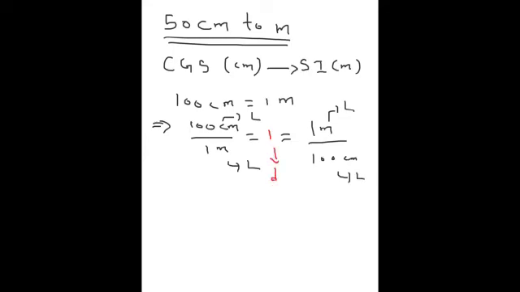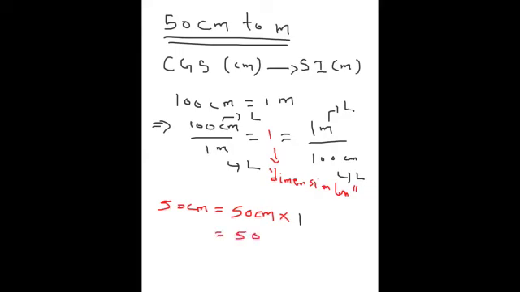Okay, so now we will write 50 centimeters equal to 50 centimeter into 1. Both 100 centimeter and 1 meter indicate length, and the value 1 indicates it's a number, which does not have any dimension. If we multiply 50 with 1, the value is not going to change.